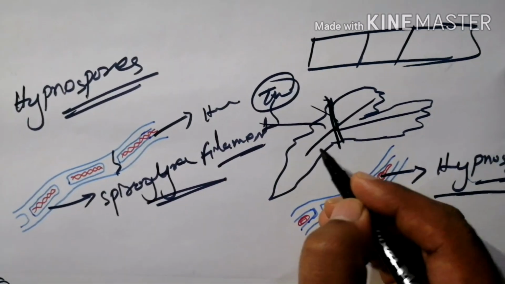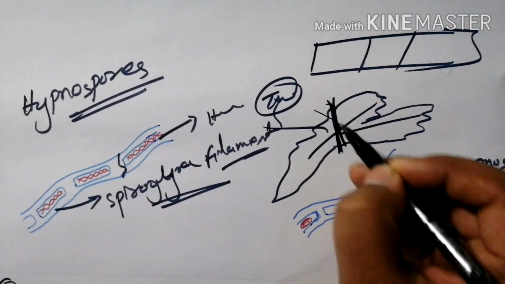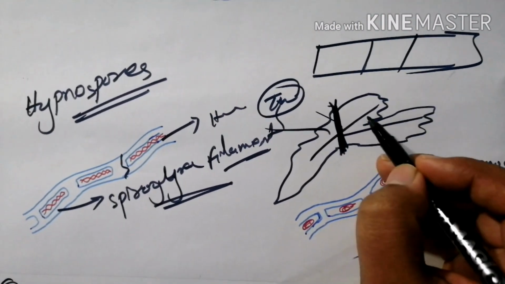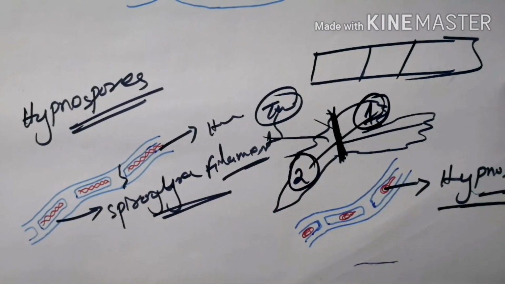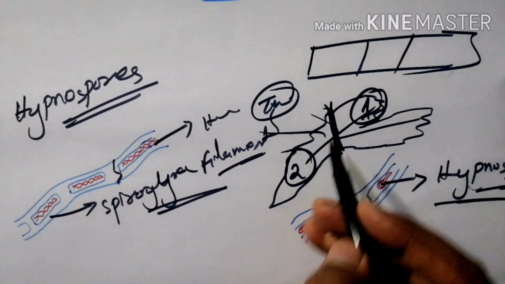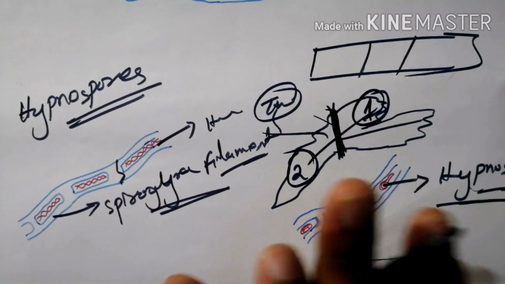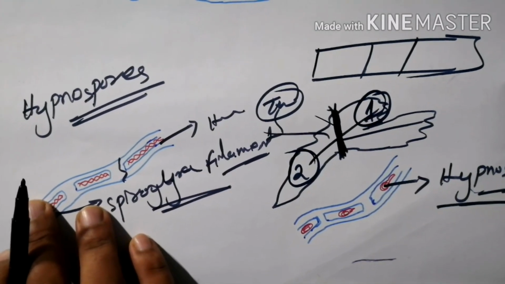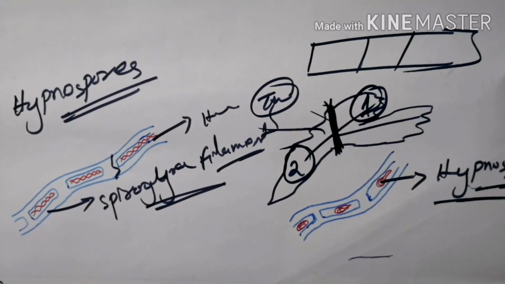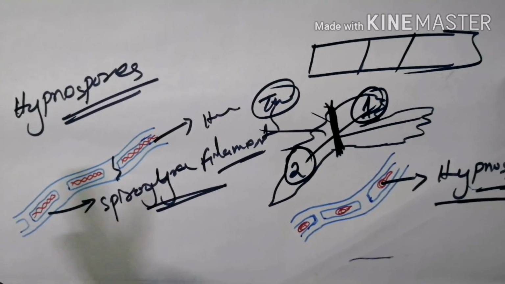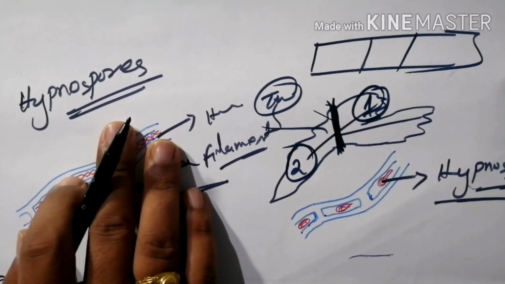That means if some mechanical injury takes place in a single part, then this part goes on to form a new plant, and the remaining part also forms a new plant. Breakdown and formation of two new plants is simply called fragmentation. This is all about asexual sporulation and the short notes on sporulation.